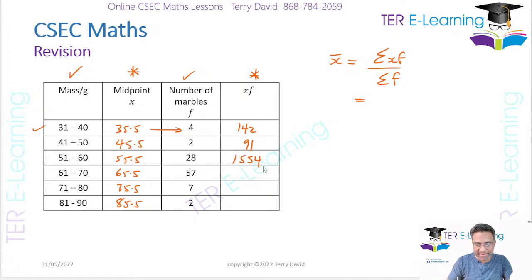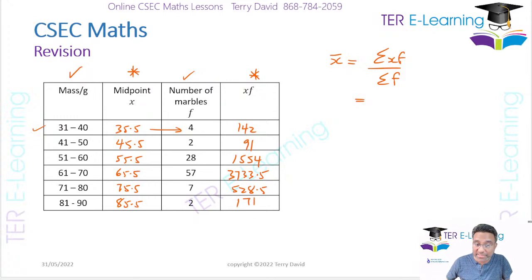Then 65.5 multiplied by 57, and I'm going to get 3,733.5. 75.5 multiplied by 7, you're going to get 528.5. And the last one is 85.5 multiplied by 2, and I'm going to get 171.